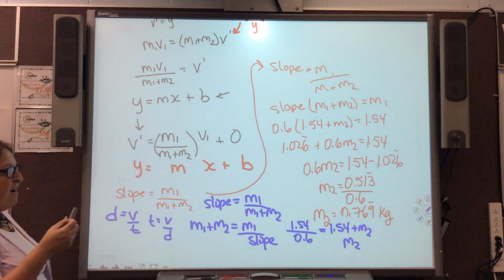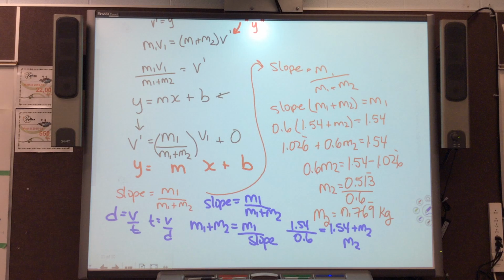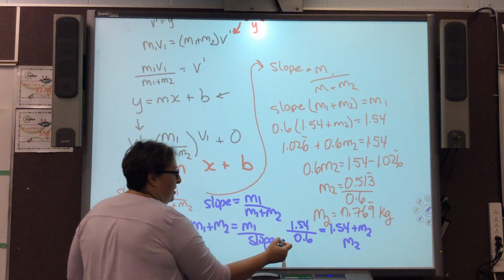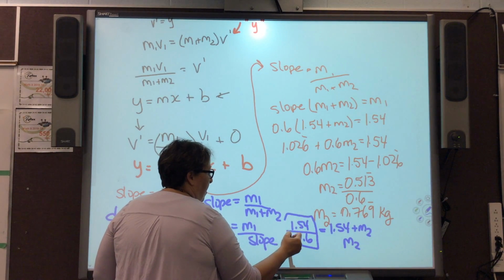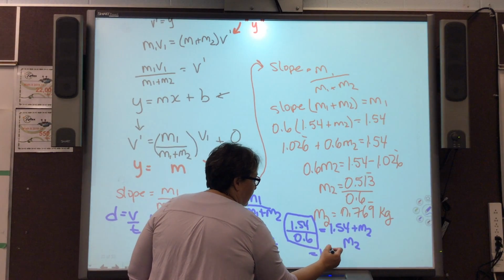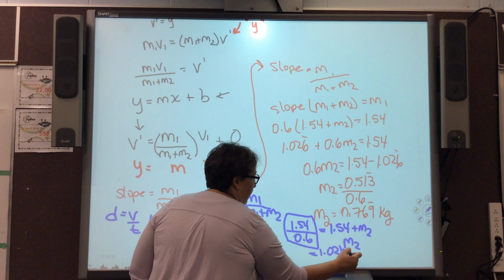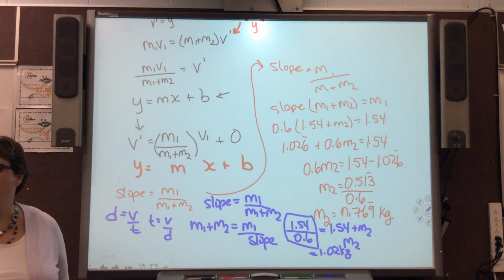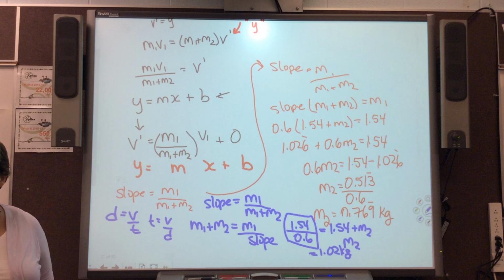And then we would have 1.54 divided by 0.6 is equal to 1.54 plus m2. So then you would take this value here and subtract it from 1.54 and you actually get 1.02 kilograms. I'm not sure of why the discrepancy.